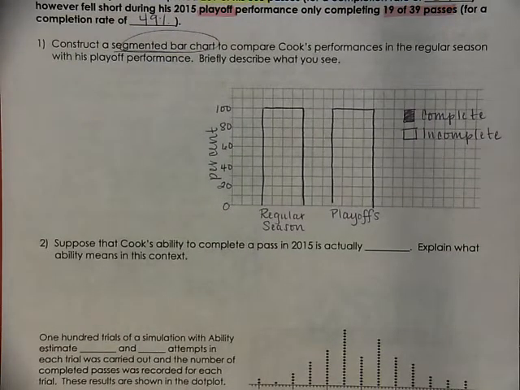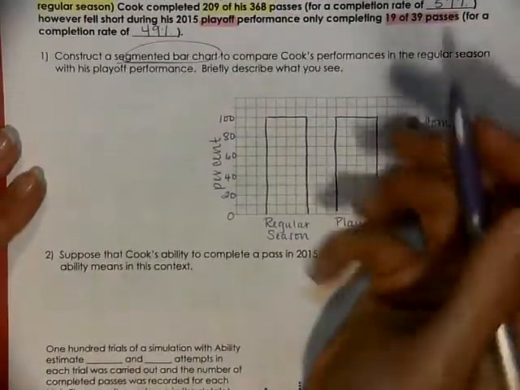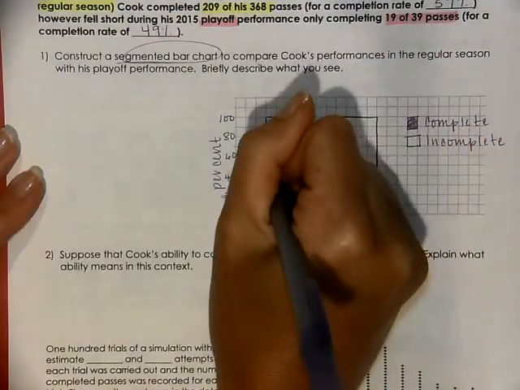Now, if you didn't know the opposite of complete was incomplete, you can always just write not complete, okay? So if you're not sure what the opposite of a save or a goal is, you could always just write not saved, okay? So regular season, up here we did the math, his completion percentage was 57%.